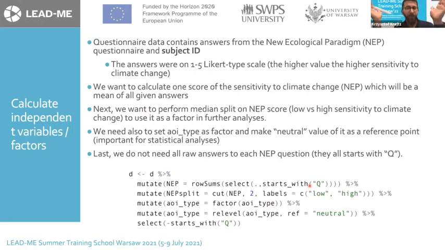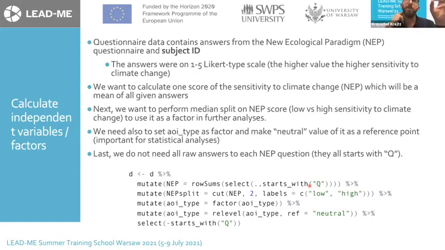So if we have this NAP column with a numerical indicator of our participant sensitivity to climate change, then for analysis with ANOVA, we would like to have as well a factor which will split our group into two: people with low and high sensitivity to climate change.